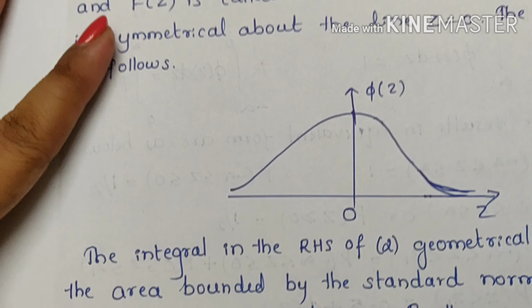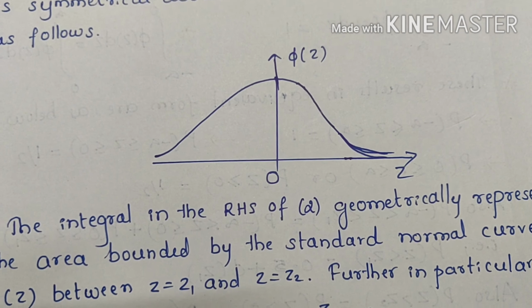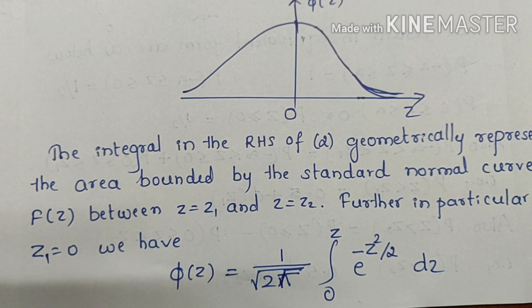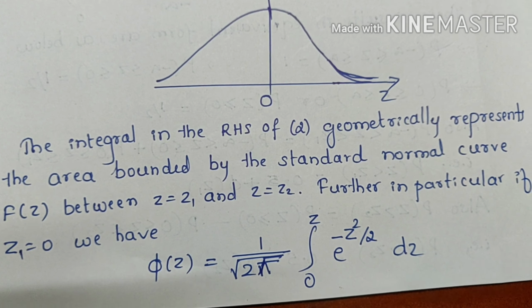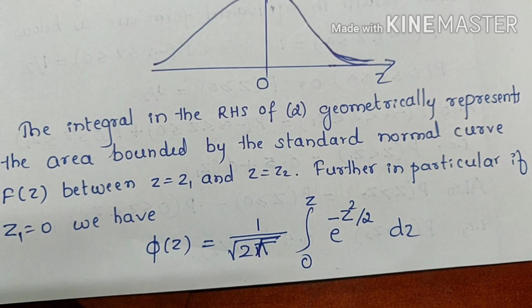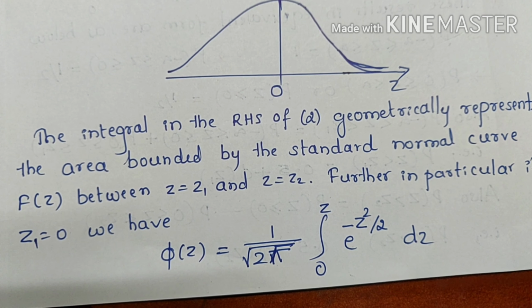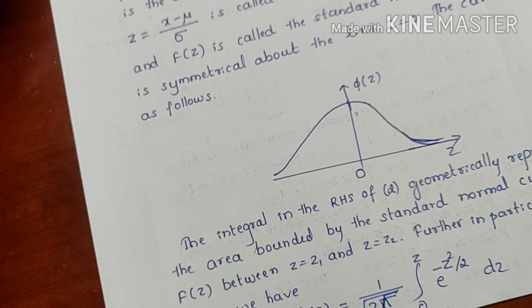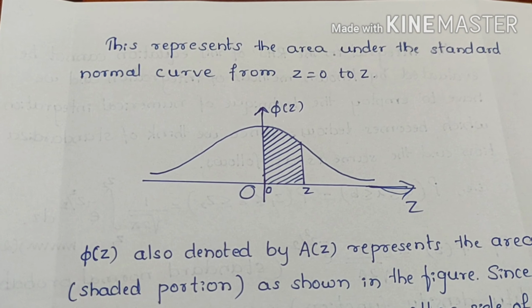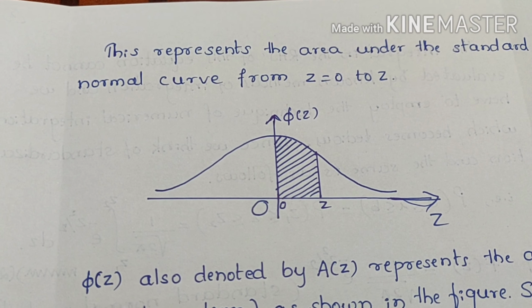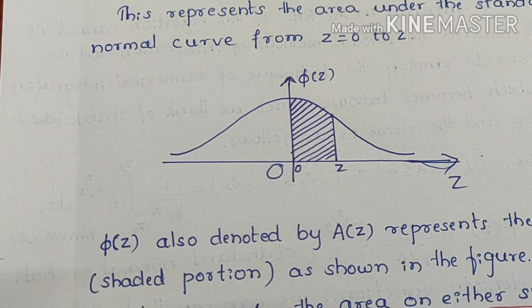Here the integral on the RHS of equation 2 geometrically represents the area bounded by the standard normal curve F(z) between z1 and z2. In particular, if z1 is 0, it becomes phi(z), that is, 1 by square root of 2 pi times the integral from 0 to z of e raised to minus z square by 2 dz. This represents the area under the standard normal curve from 0 to z. The shaded portion represents the area.